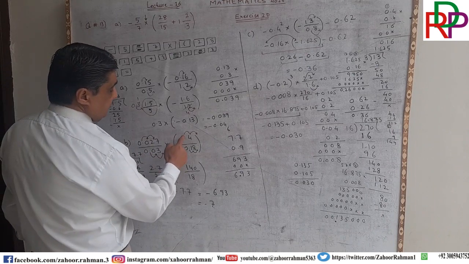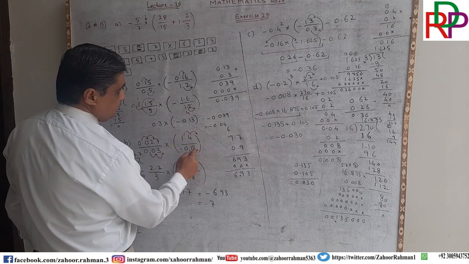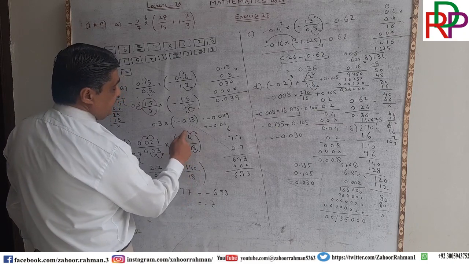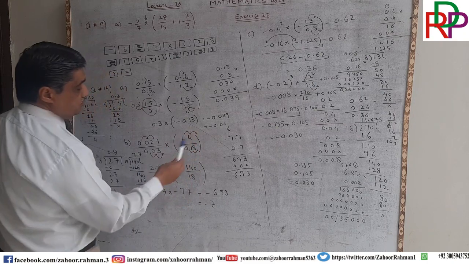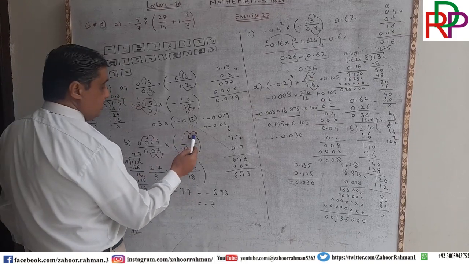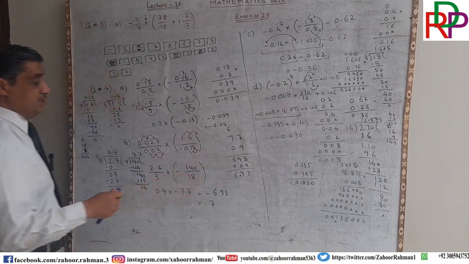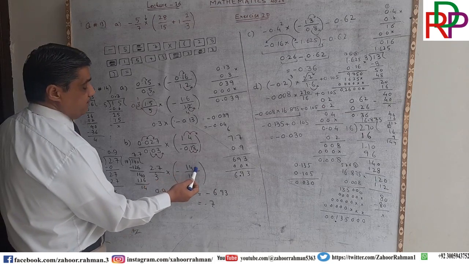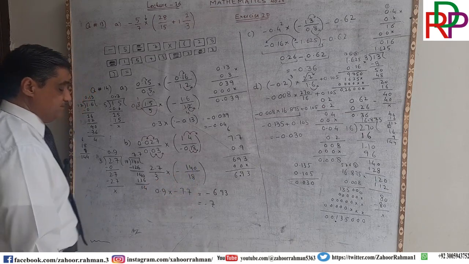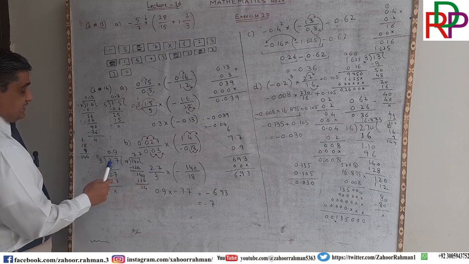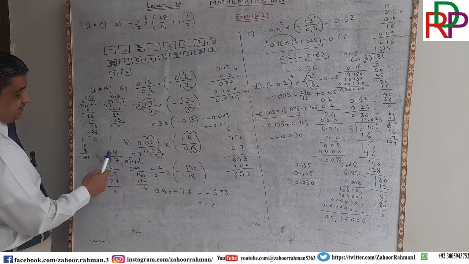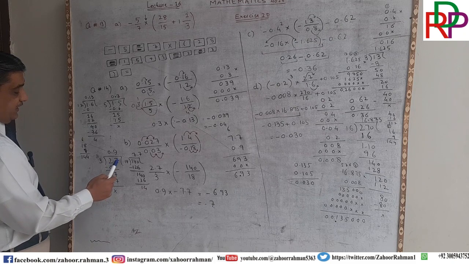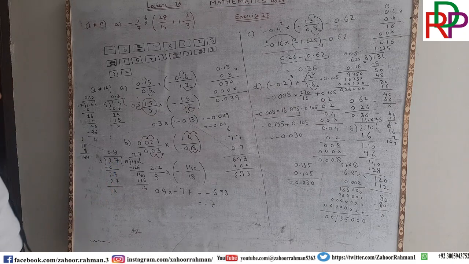Similarly, we have to move this 2 times, so it will become 18, but we have to move this also 2 times, but there is no other digit, so we put 0 ourselves, and it will become 140 divided by 18. When 2.7 is divided by 3, 3 zeros are 0, 2 will come, and 7 is here.